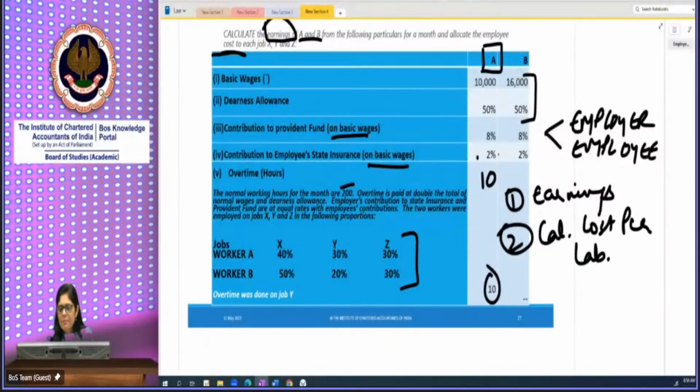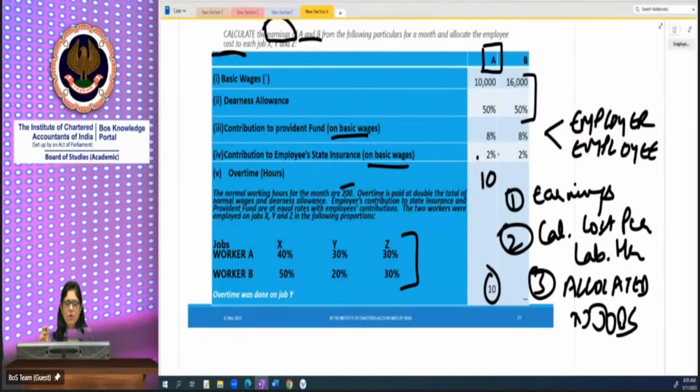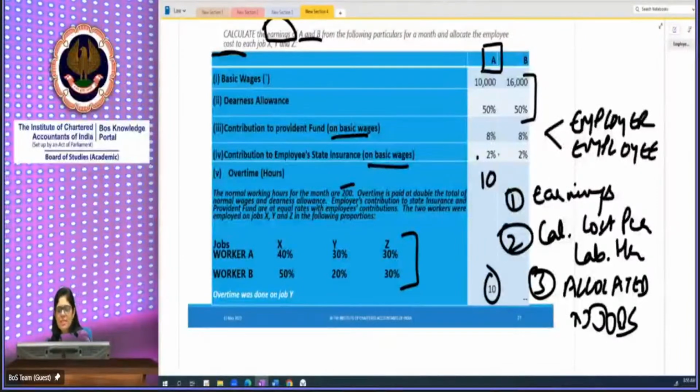And the third step is that the cost will be allocated to jobs, to two different jobs. So these are the three things we have to calculate. First is earnings, then labor cost per hour. How do we calculate labor cost per hour? Cost divided by effective hours. So cost we have, hours we will calculate, effective hours, and then we will allocate it.